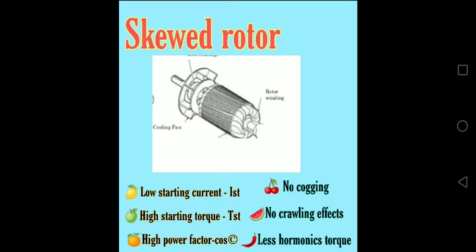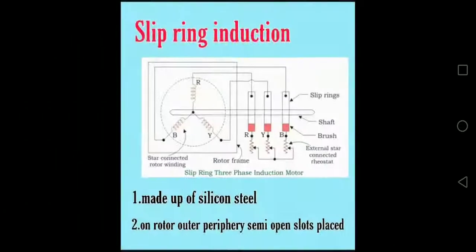When the air gap is more uniform, harmonics are very less. So the 1/7 harmonic is very less in a skewed rotor, and there is no crowding effect in the skewed rotor method.